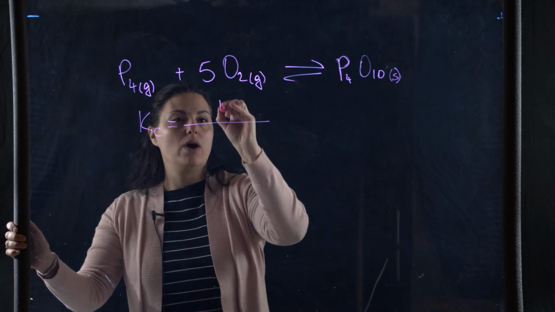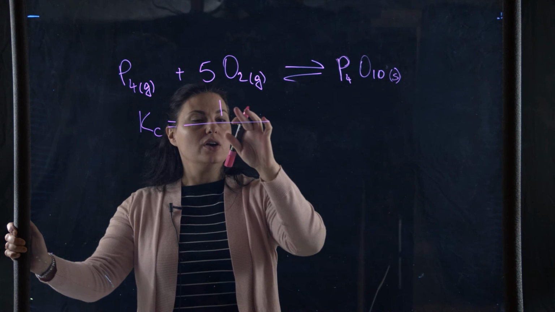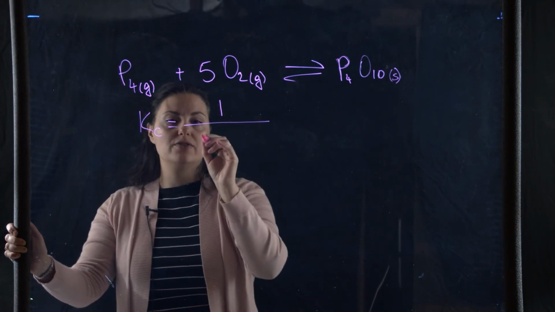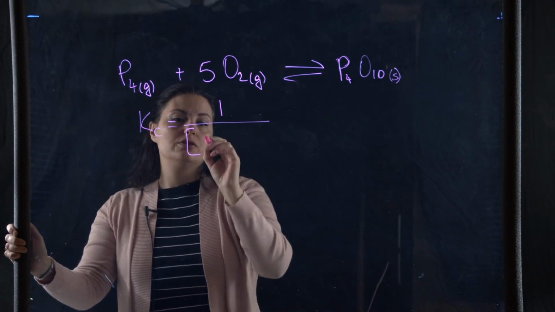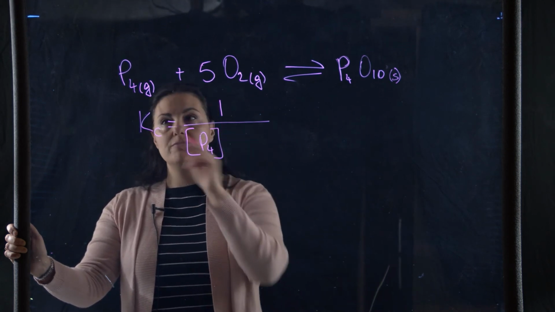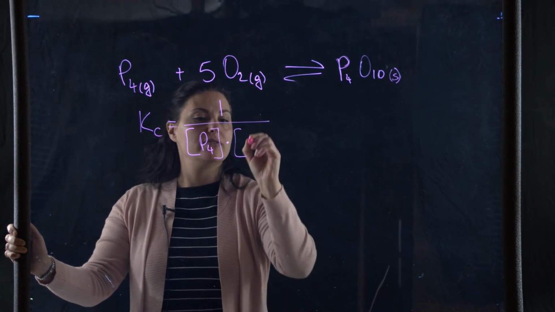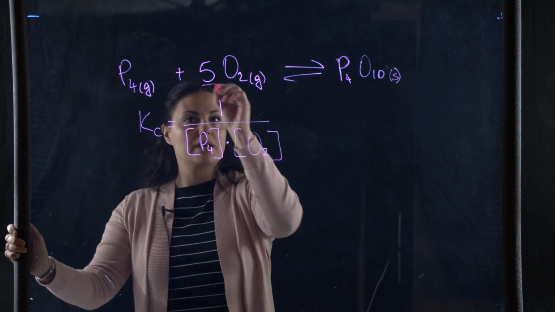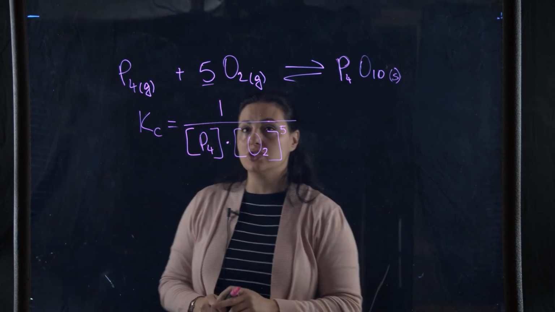I will put a 1, because that will be a 1 over the concentrations of the phosphorus and the oxygen raised to their respective molar coefficients. So this is the concentration of P4 raised to the first power, because that's 1, multiplied by the concentration of oxygen, O2, raised to the 5th power, because that's the molar coefficient in front of oxygen.